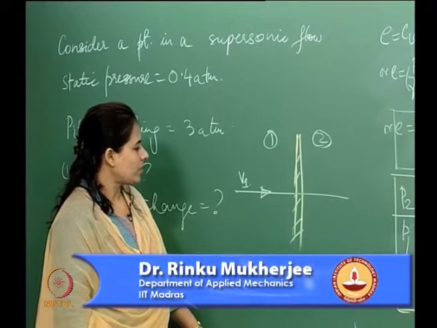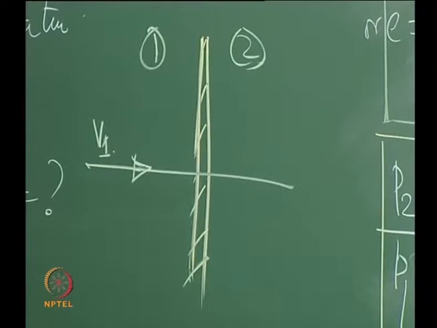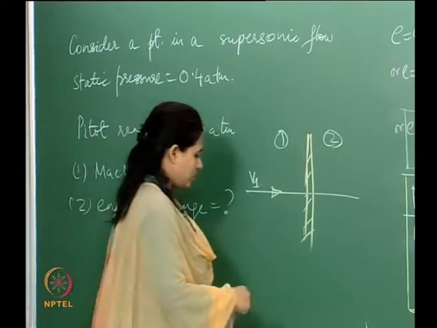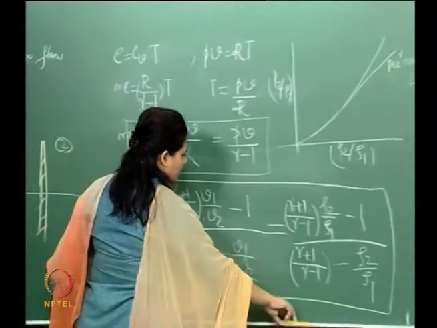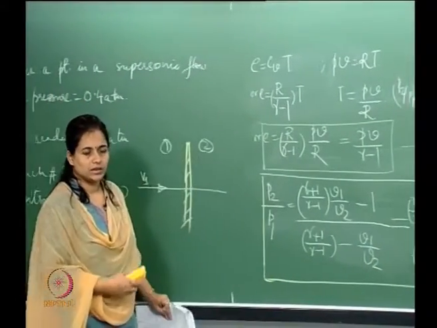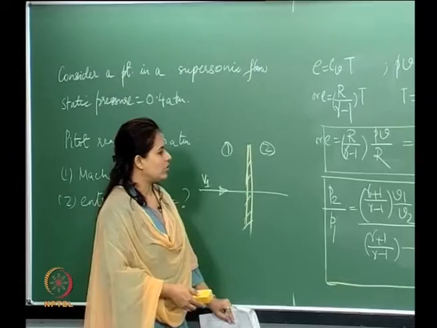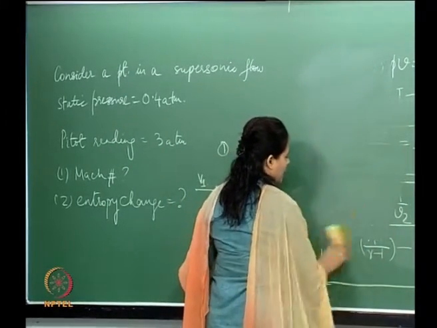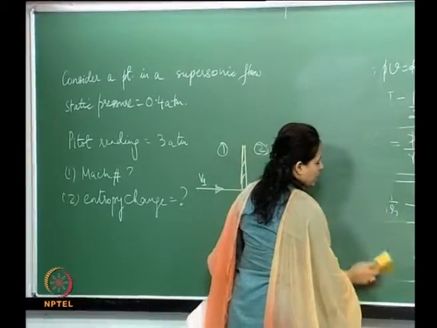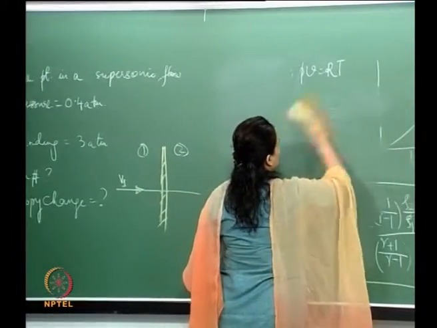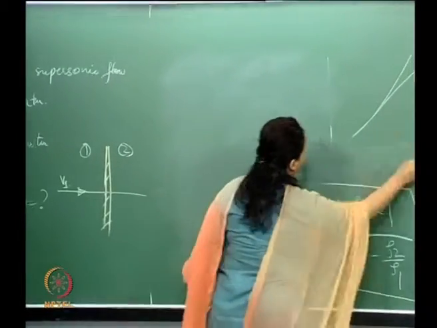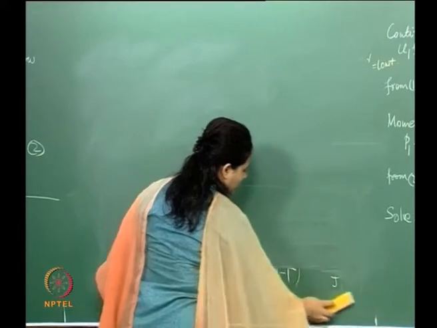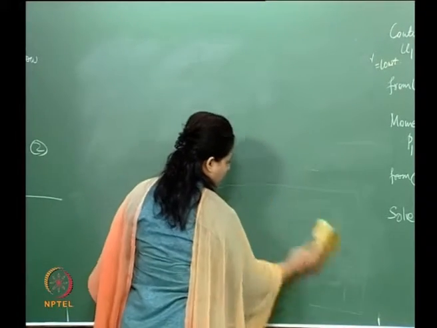So therefore this is like a normal shock. Now what happens if there is an oblique shock? Okay, so we'll look at some pictures of oblique shocks, but I think we did that in some of the earlier classes. So let us see what we are looking at and see how our properties will change across an oblique shock, and how different it is, if at all, from the normal shock relationships that we have developed so far.